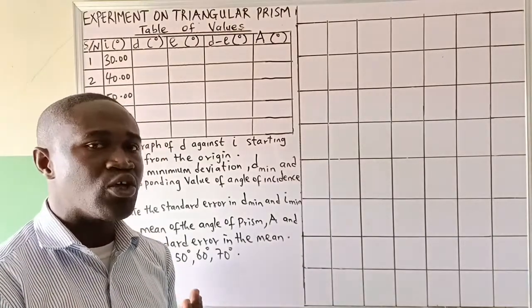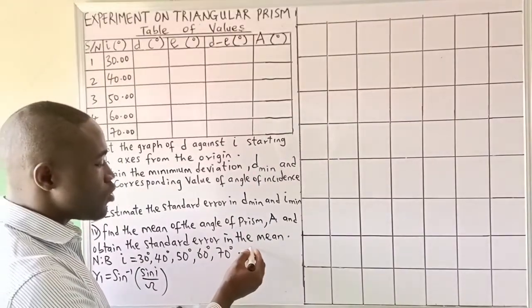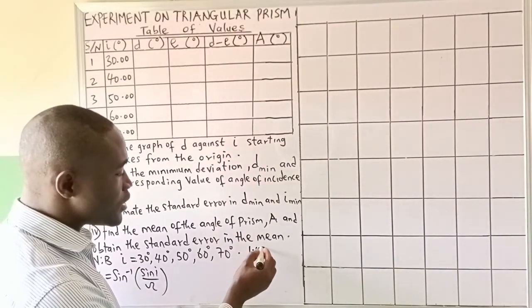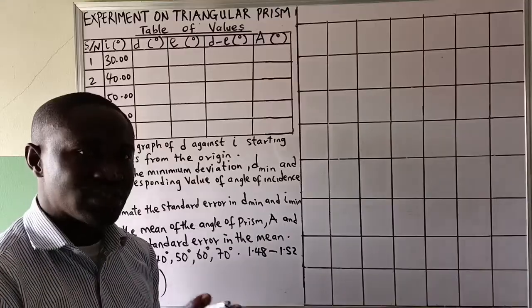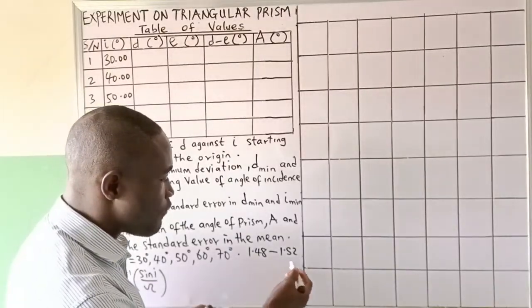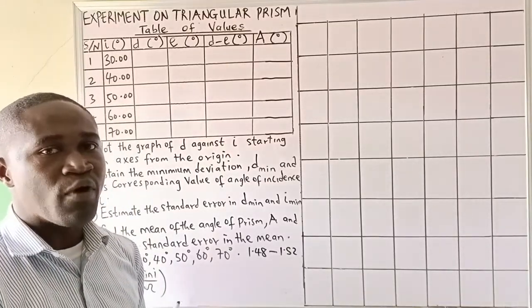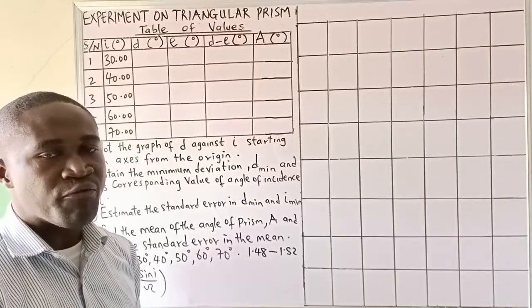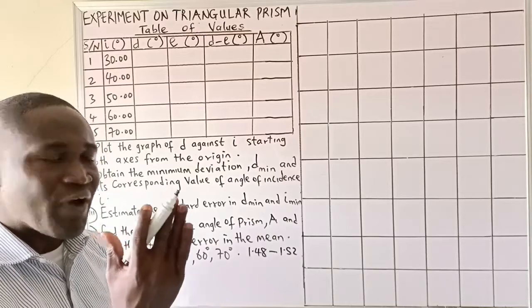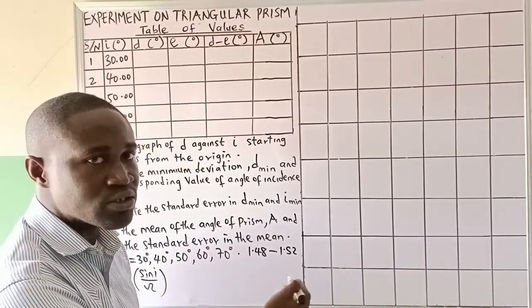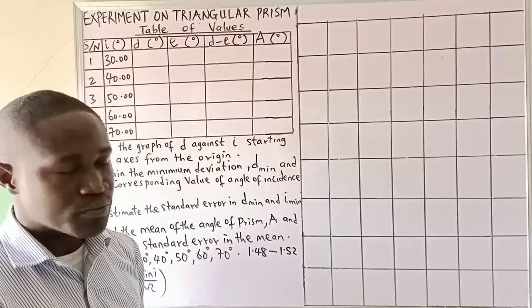But I will not tell you to use 1.5 straight. The range of values in your exam falls between 1.48 and 1.52. The further you get your refractive index from this range, let's say you get 1.47, 1.46, 1.45, 1.44, 1.43, the more marks might be subtracted from you.